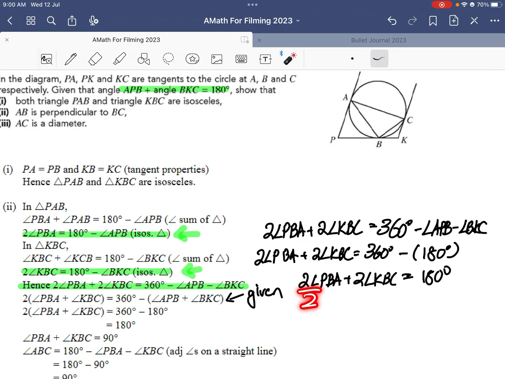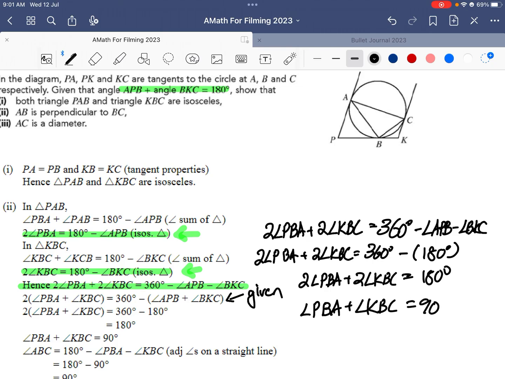Now, all that's left to do is divide by 2. What I get is PBA plus angle KBC is 90.